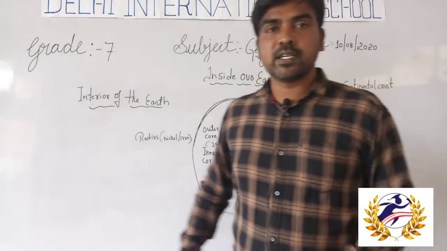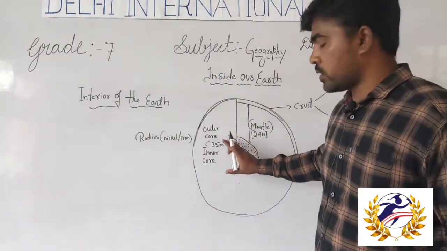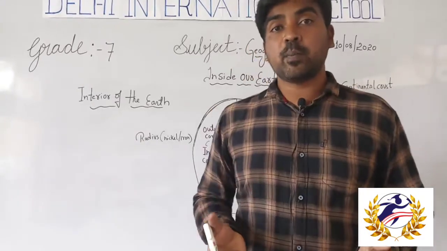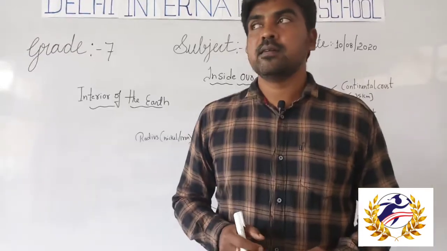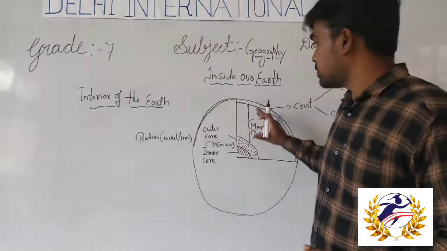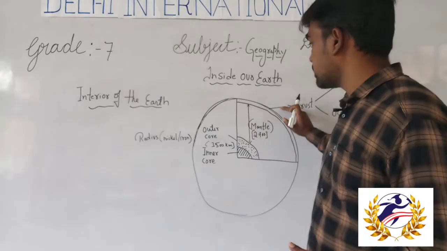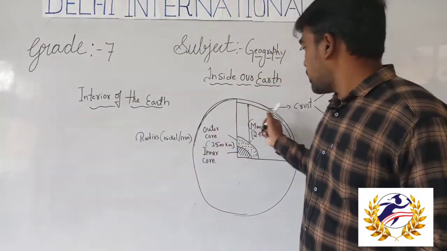Students, one more interesting thing: this crust, mantle and core division is not only for planet earth, it is for each and every planet, and even stars are divided like this. Even the sun has a crust, mantle and core.